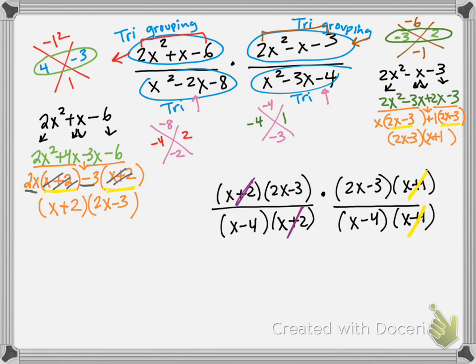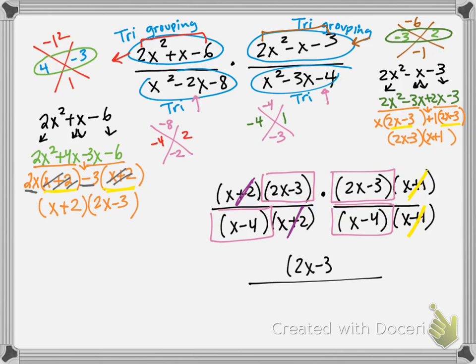From here, I would check to see what's left in the numerators and denominators, and I would multiply straight across. So 2x minus 3 times itself is just 2x minus 3 squared. And then my denominator, x minus 4 times itself, is just x minus 4 squared.